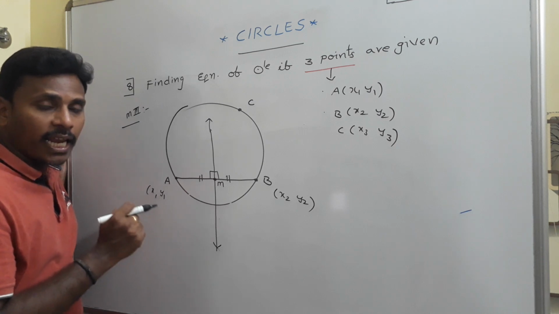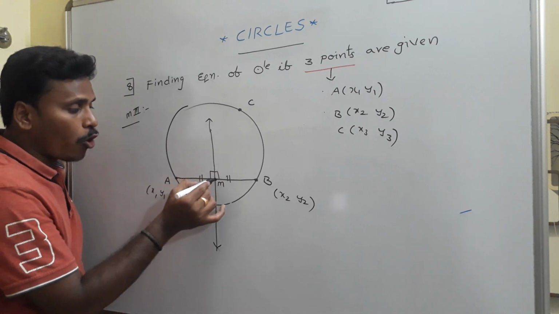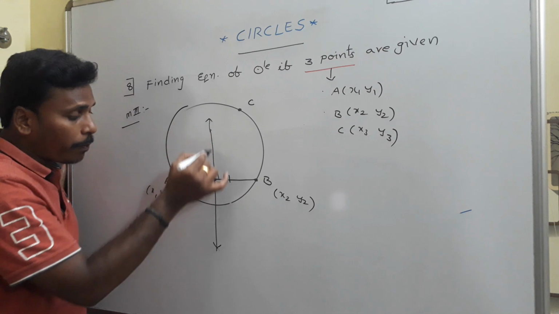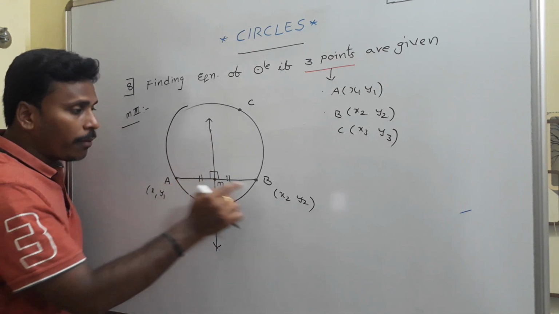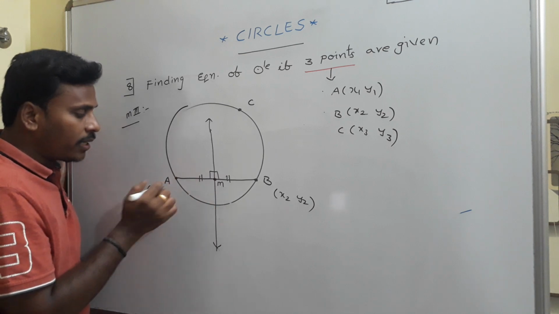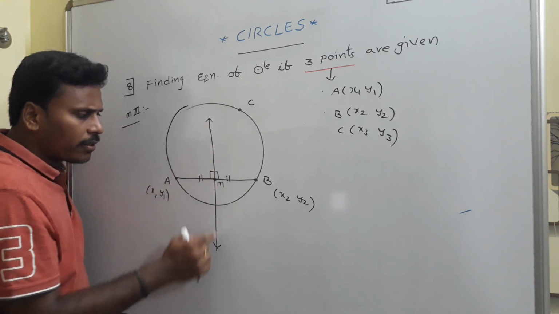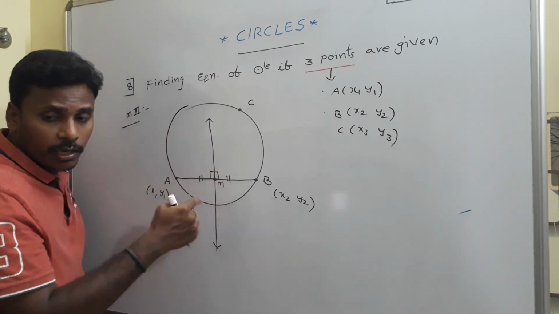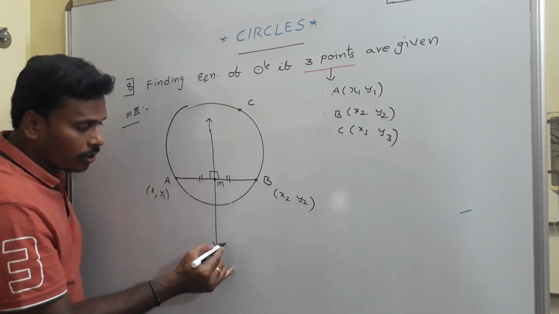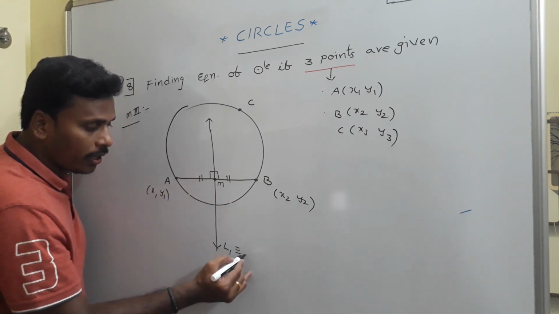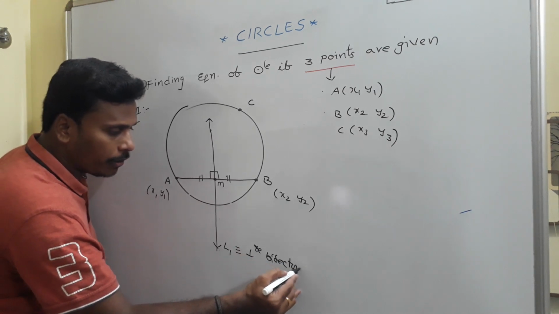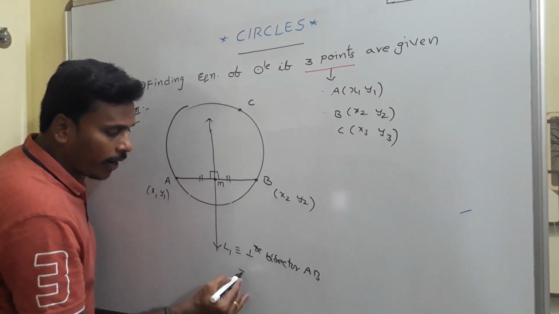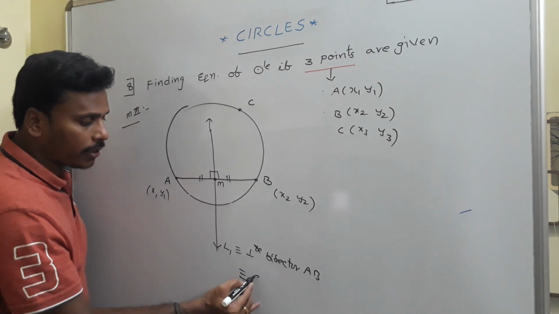To find any line equation, we need a point and the slope. For this perpendicular bisector of AB, the midpoint of AB is the point, and since this line is perpendicular to AB, we will find the slope also. So this line L1 is the perpendicular bisector of AB.